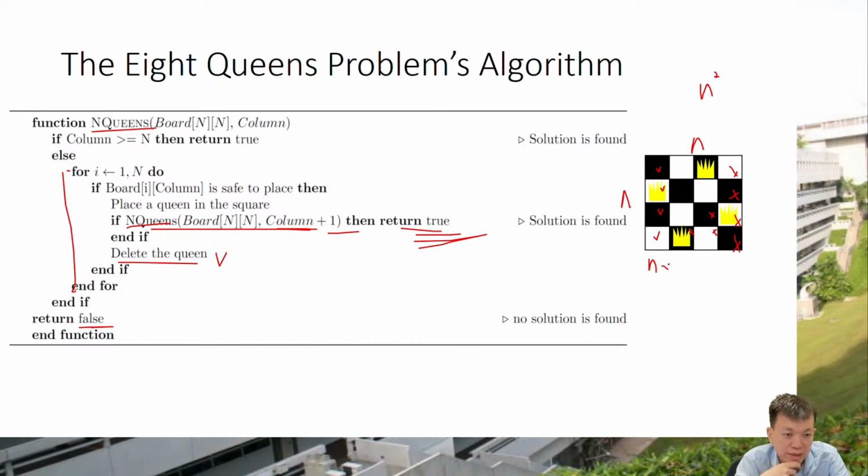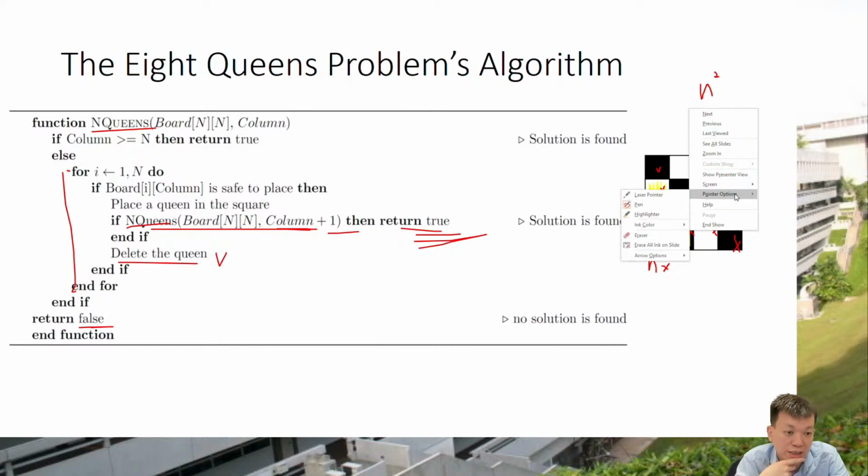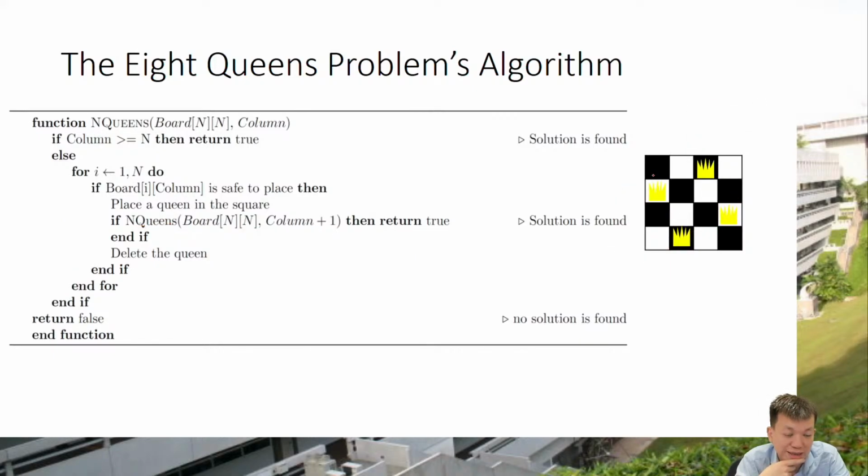Worst case, I think so. Let me see. Worst case scenario. That's why you can see that now if you want to consider what is the complexity, maybe it's not something easy. You will visit this one, you visit this one, you visit this one, you visit this one. In the worst case scenario, you visit n times. Less than that, because definitely before that you already found the answer.